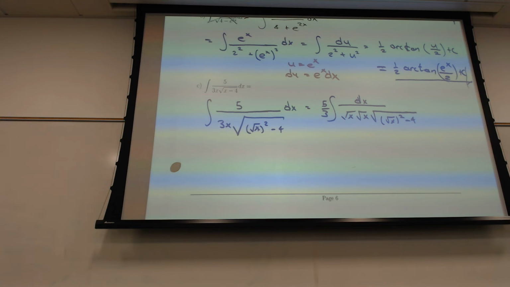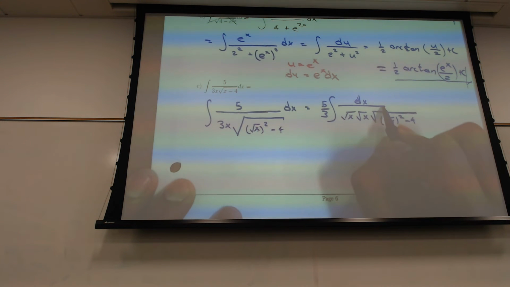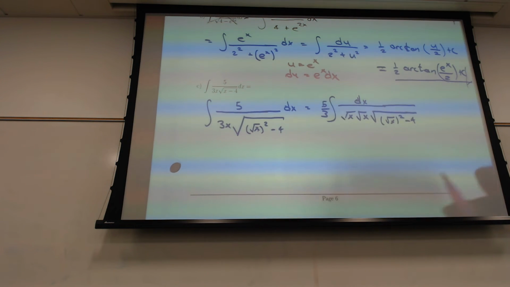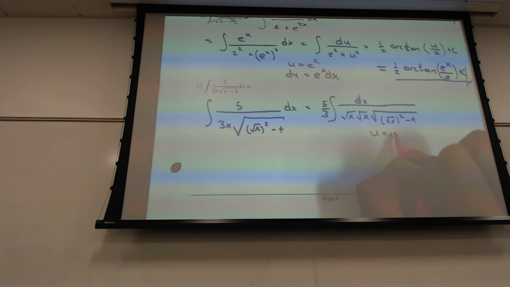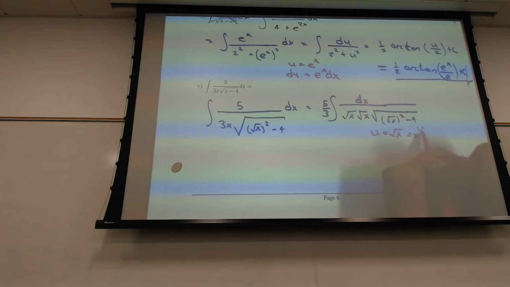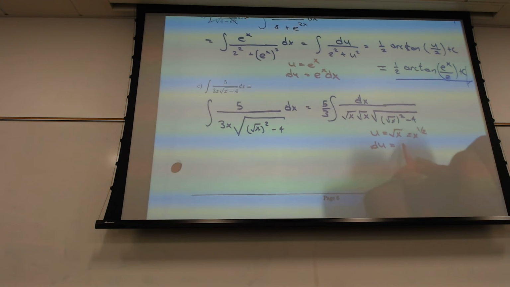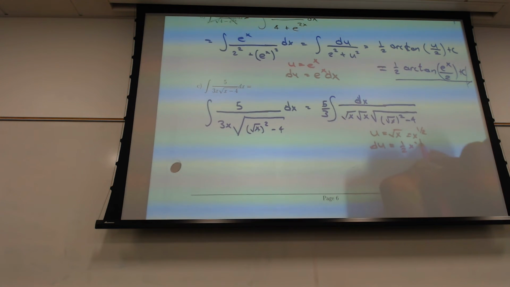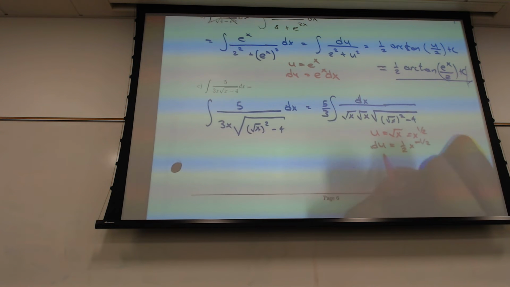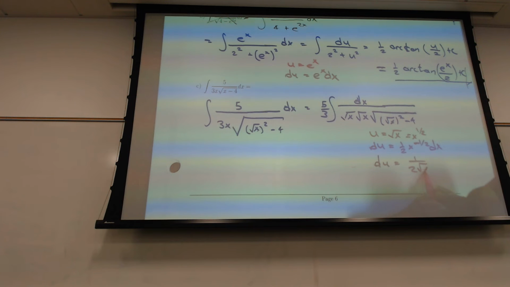We have apparently a leftover square root of x factor, which in fact is not going to be a leftover one, because when we set u equals the square root of x, which is x to the 1/2, du is 1/2 x to the negative 1/2 dx, which is 1/2 root of x.